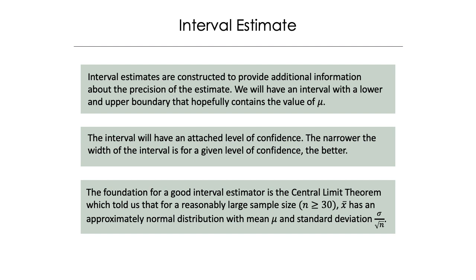The foundation for a good interval estimator is the central limit theorem, which told us that for reasonably large sample sizes, that would be n greater than or equal to 30, x bar has an approximately normal distribution with mean mu and standard deviation sigma over the square root of n.